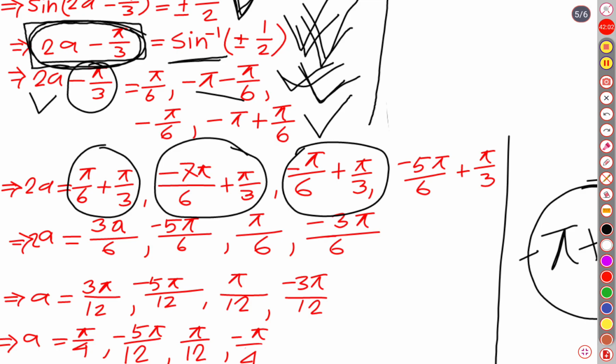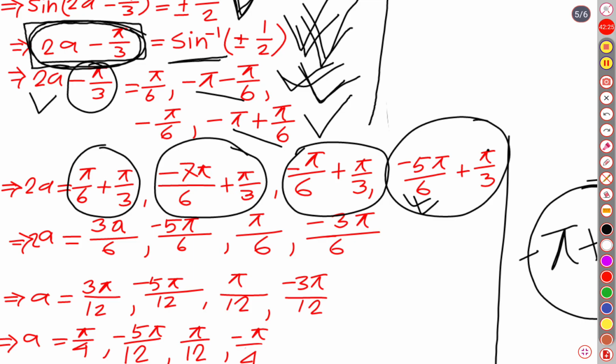Then the fourth value: if we simplify, 6 ones are 6, negative 6 plus 1. From negative 6, if we subtract 1, it is going to be negative 5 pi over 6. Then from the left side we are just transposing pi over 3.